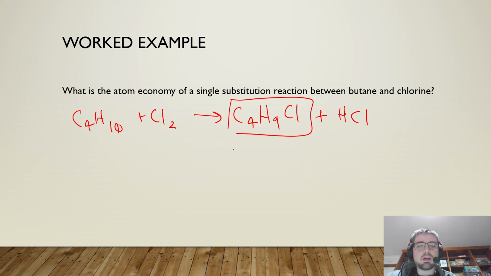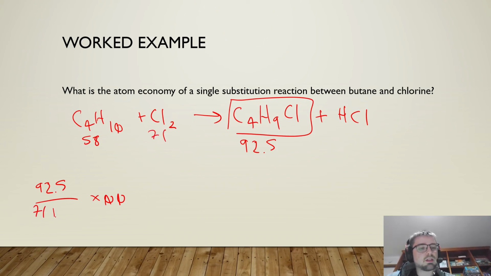So in this case, we'll look at our molar mass of the haloalkane. This is going to be 48 from the carbons, plus 9 from the hydrogens, plus 35.5 from the chlorine, so we're at 92.5. So it's going to go on the top of our fraction. And on the other side, our butane is going to be 58, and our chlorine is going to end up being 71.